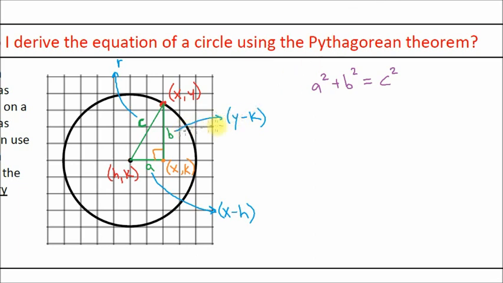For a we can say x minus h squared, and for b it's y minus k squared. And our c value is actually the radius, so we substitute r for c, the radius squared. And take a look, that is the standard form of a circle. It comes directly from the Pythagorean theorem.